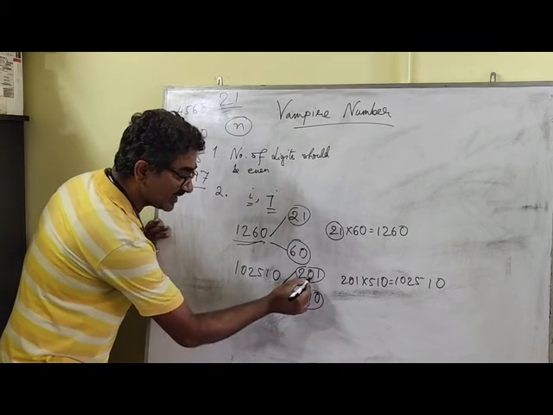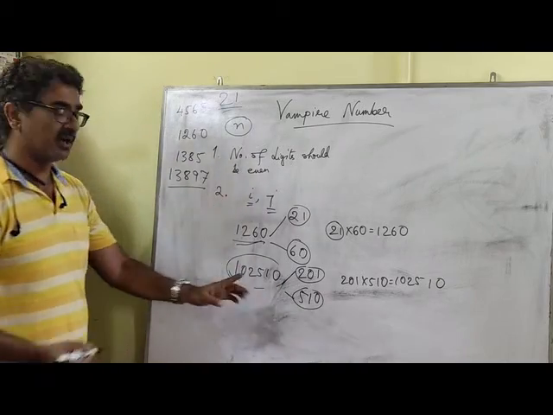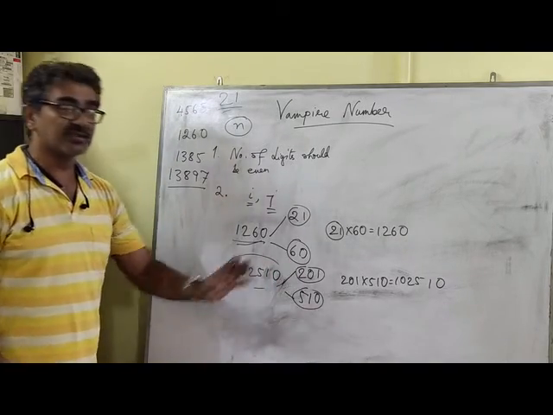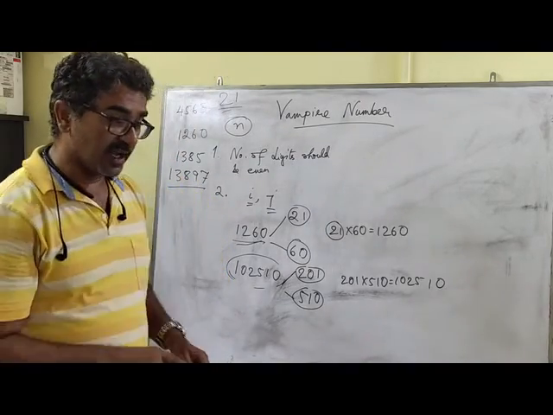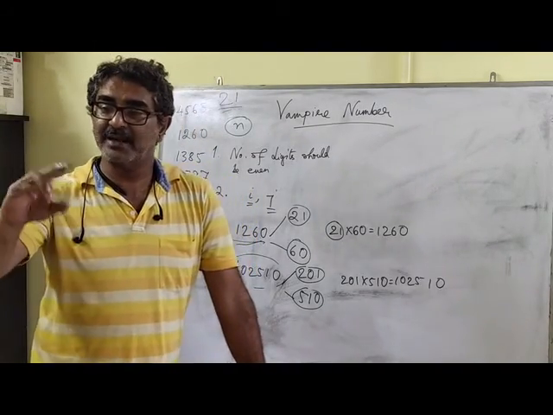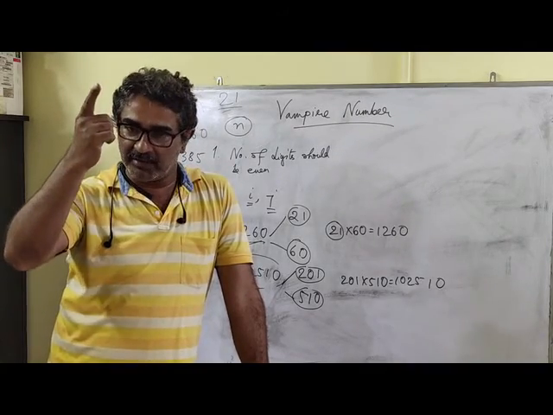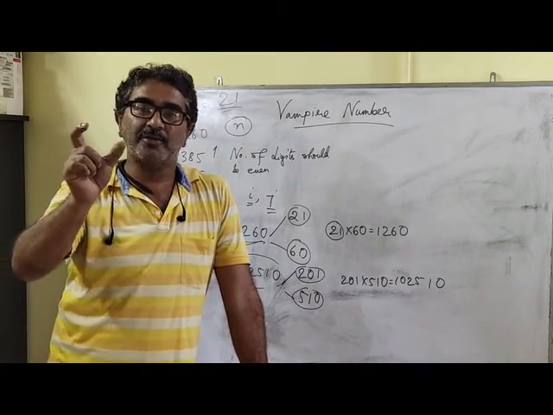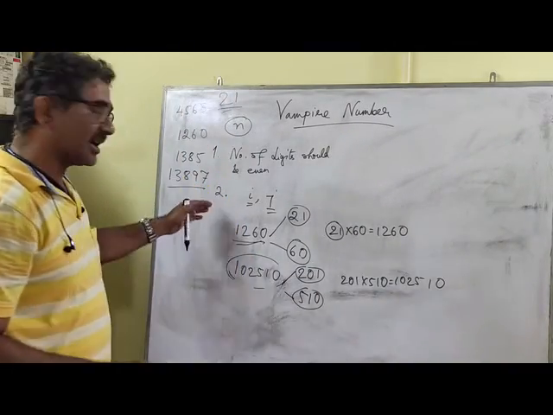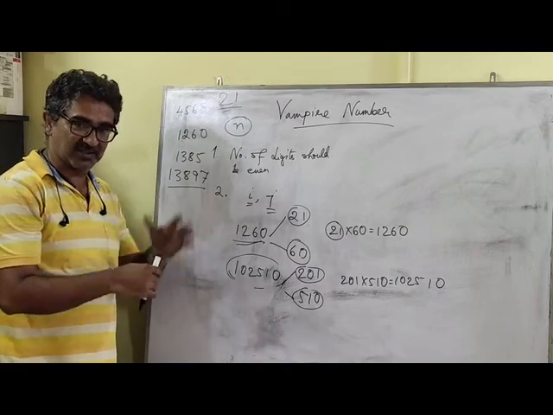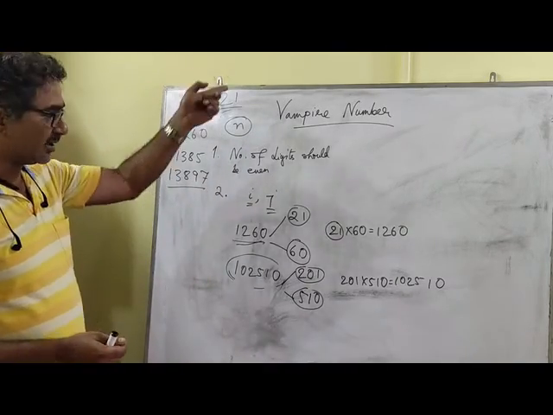In both the factors there are 3 digits, which is equal to half the total number of digits in the given number. So half of 6 is 3. So that is the next criteria. You should be able to find two factors such that the product is the given number, and the total number of digits in each should be half compared to the total number of digits in the given number. So this was the second criteria, that is finding the factors with those conditions: digits half and the product equal to the given number.